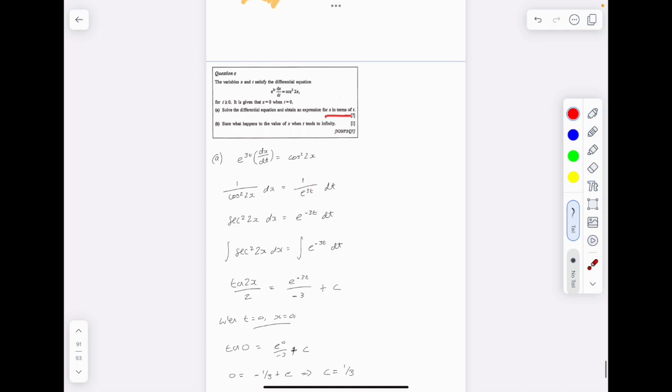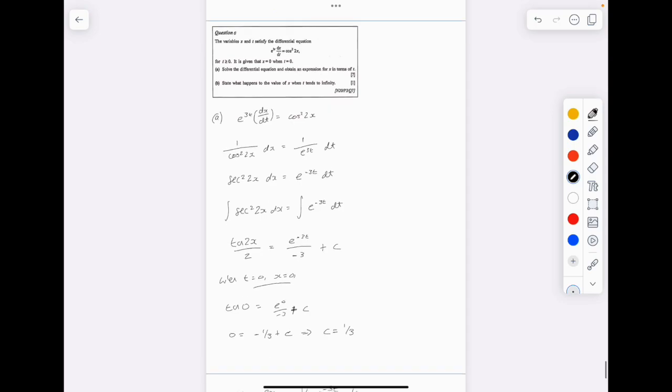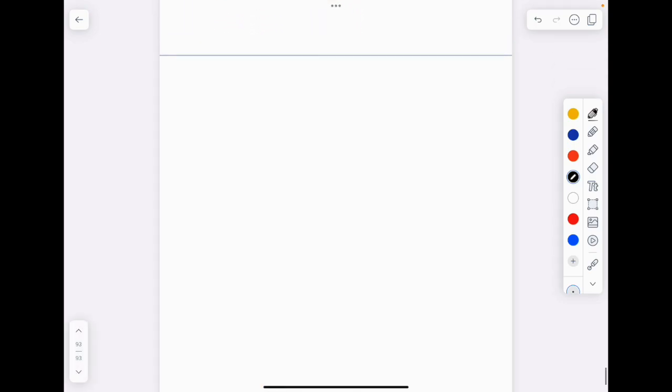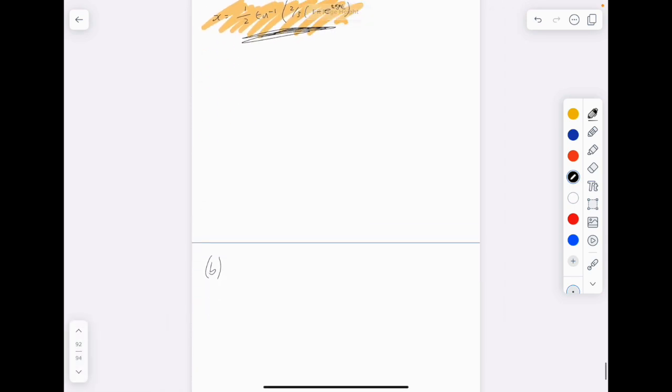But now, state what happens to the value of x when t tends towards infinity. Well, here, I'm going to say the following. So what is our result, firstly? Our result was x is equal to a half tan minus 1, 2 over 3 (1 minus e to minus 3t).